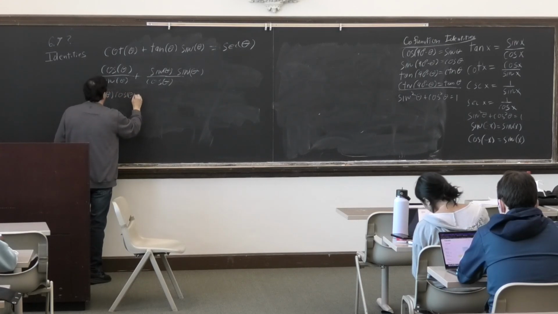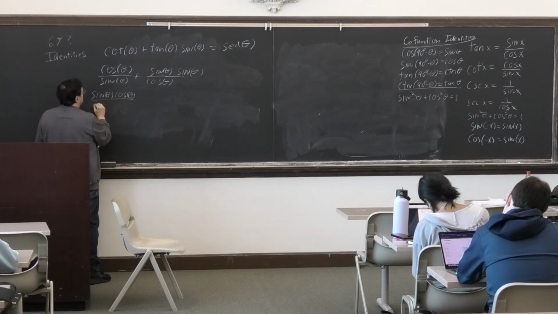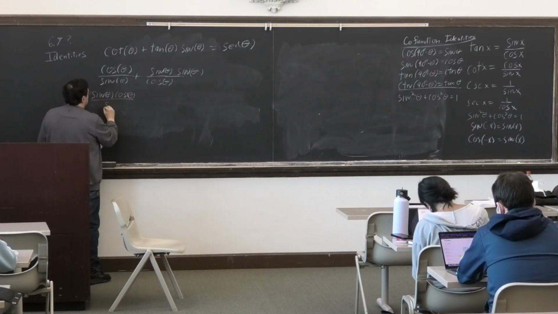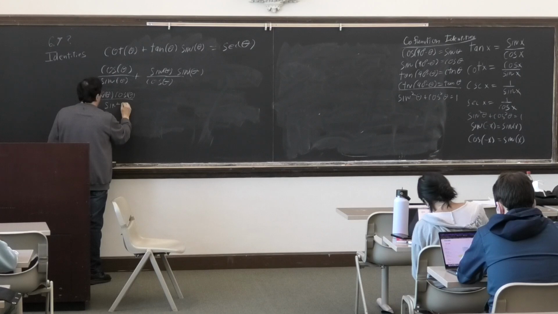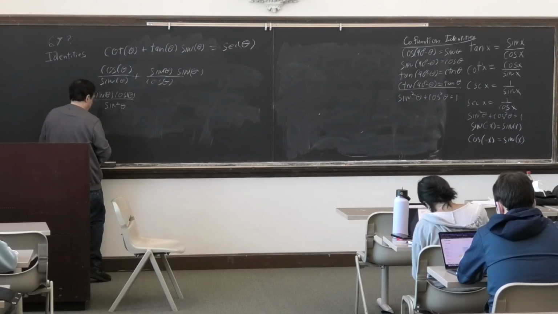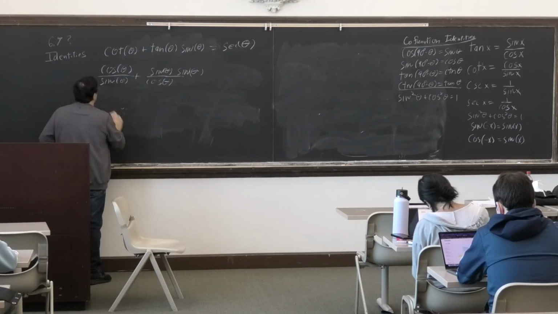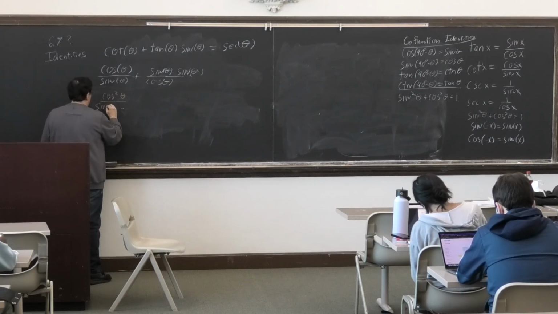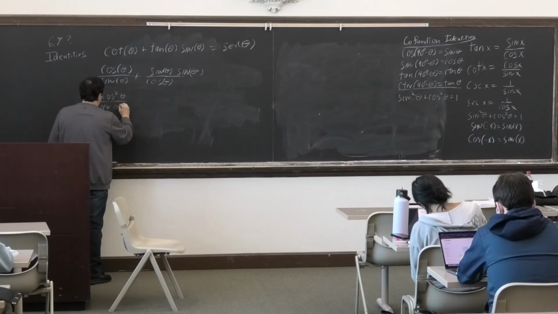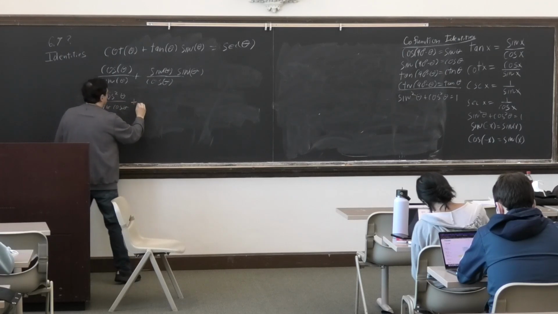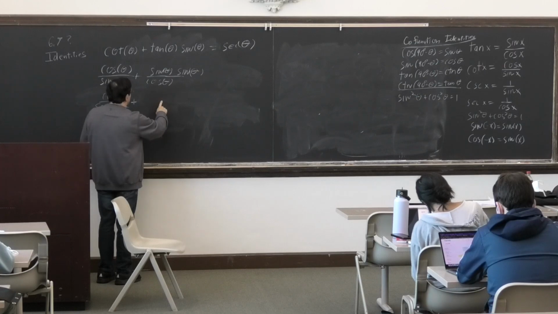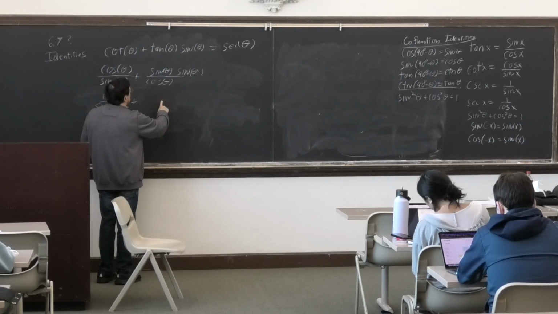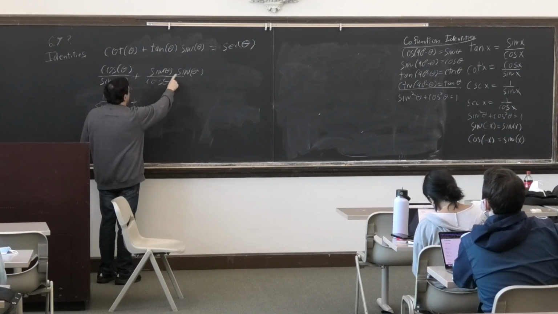So this would be sine theta, cosine theta over... No, it would be sine squared theta. No, no, it would be cosine squared theta plus sine theta cosine theta, but then it would also be plus sine squared theta over cosine, sine theta cosine theta.